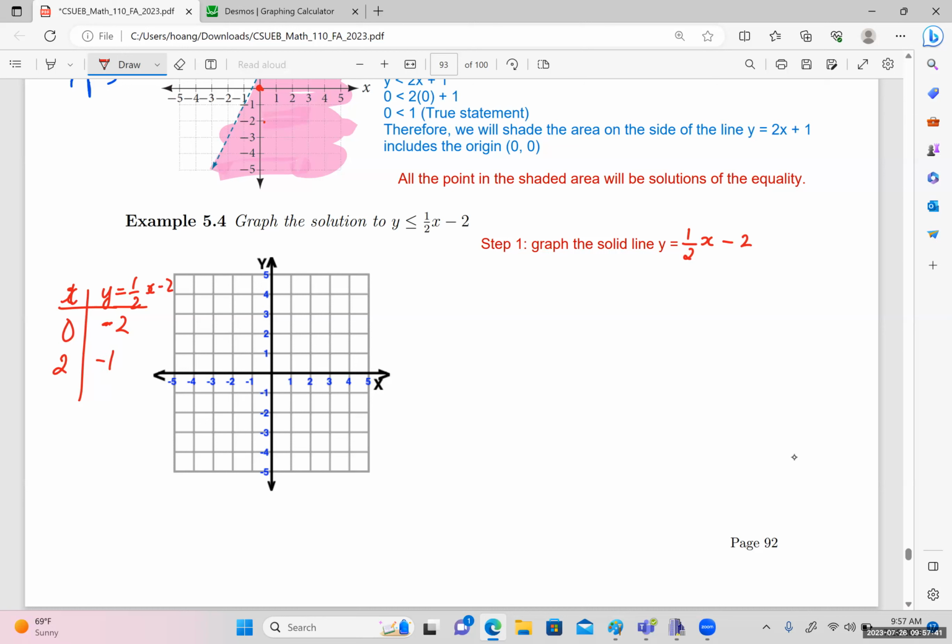So the coordinates are 0, -2 and 2, -1, another point here. So we will have a line going through the 2 points, right? This line, and this is a solid line, okay? We'll try to draw it now.